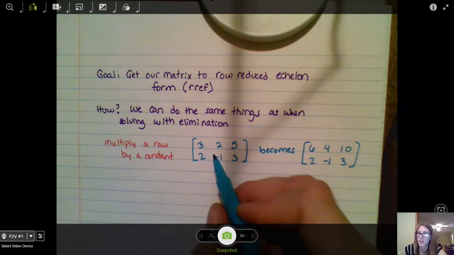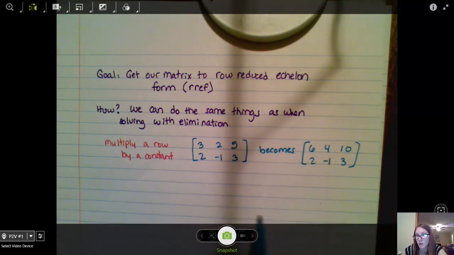So we just multiplied everything in our top row by 2, the same way that we would multiply both sides of an equation when we're solving with elimination. We can do that. So that's one thing we can do.